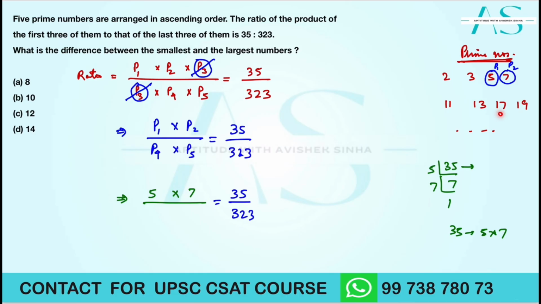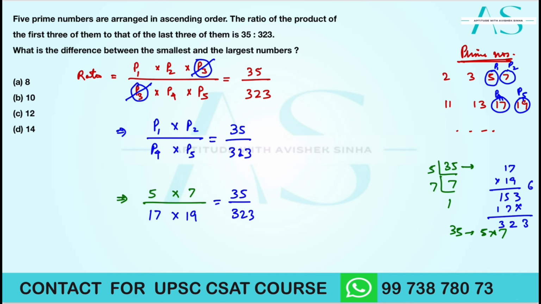Then if I multiply these two, 19 and 17, let's see. 9 7s are 63. Yes, we are getting the last digit as 3. Let's check. 17 into 19. 9 7s are 63. 323. Bingo. So P4 and P5 are actually 17 and 19.